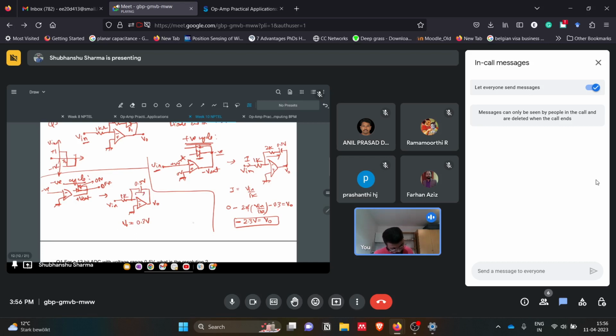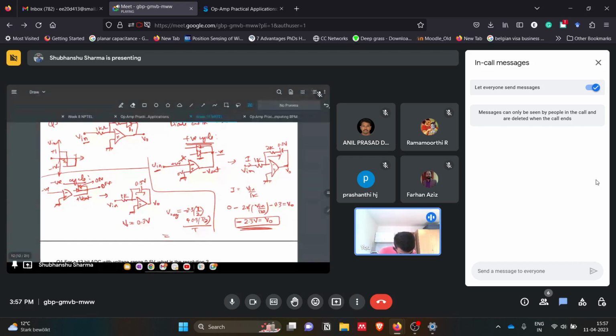Now we need V naught average. That will be minus 2.3 times T by 2, because for T by 2 time we are getting this voltage, plus 0.3 times T by 2, divided by T, the total time, which is the average voltage for a square wave.